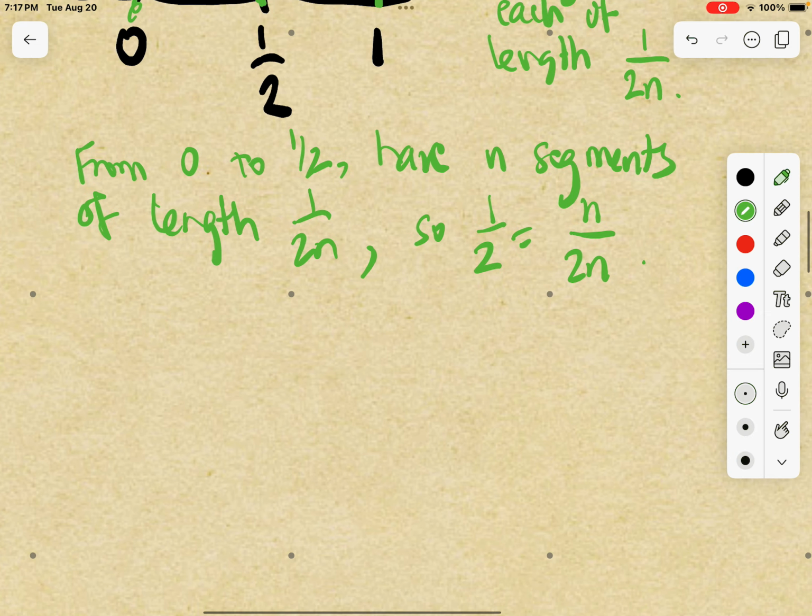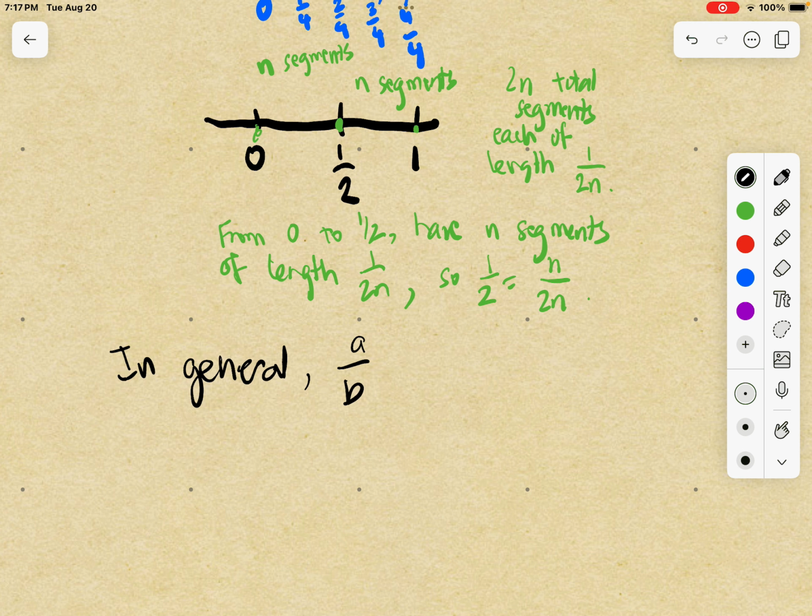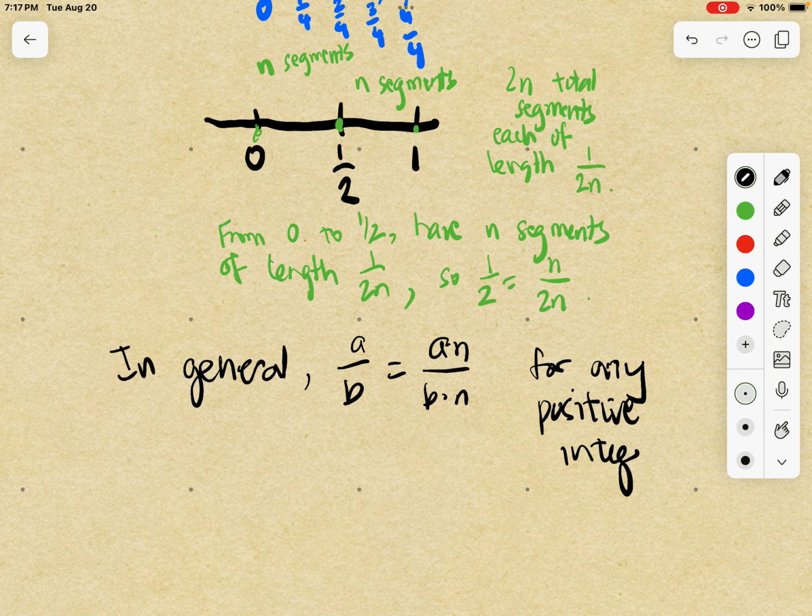Okay. And in general, the key fact is a over b is the same as a times n over b times n for any positive integer n.